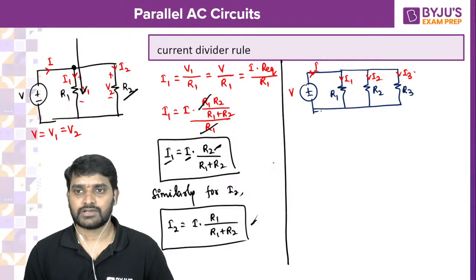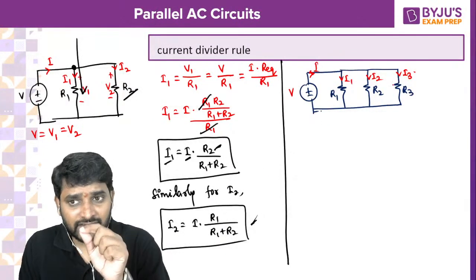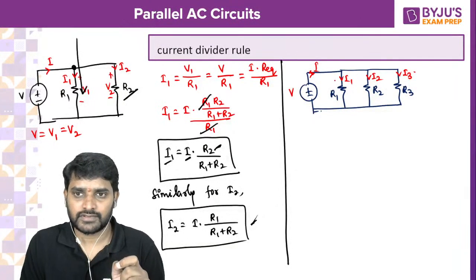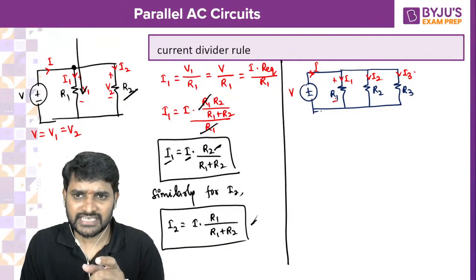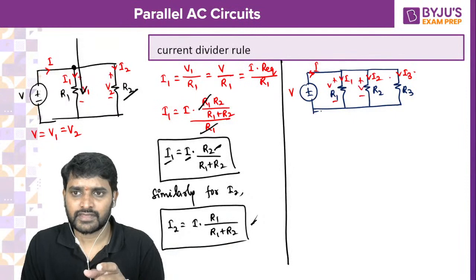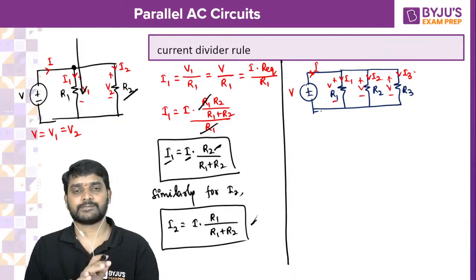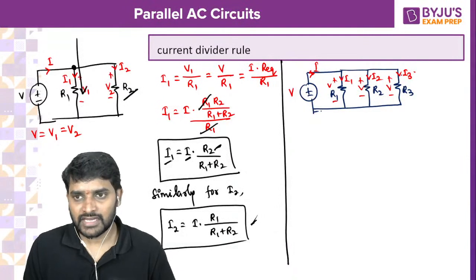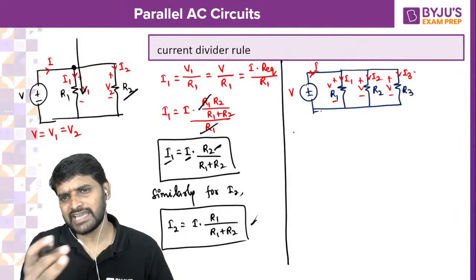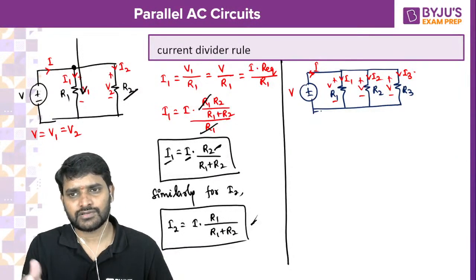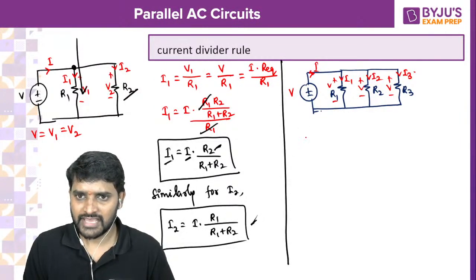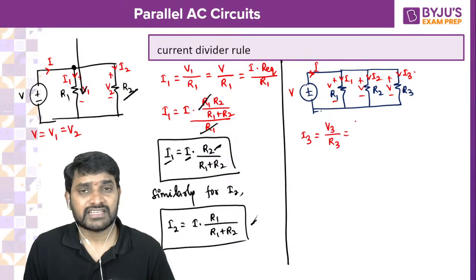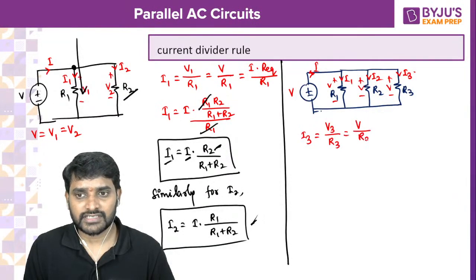If you wanted to calculate the current flowing through R3, of course, the voltage across each and every resistance will be the same because they are connected in parallel. Yes or no? Now I am calculating I3. I3 is equal to V3 divided by R3. V3 is the source voltage divided by R3.